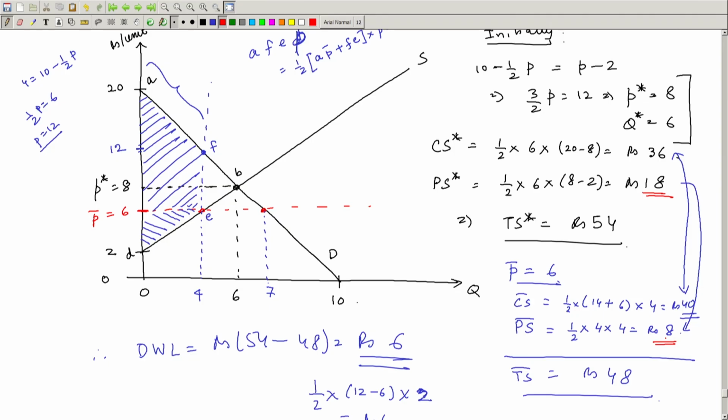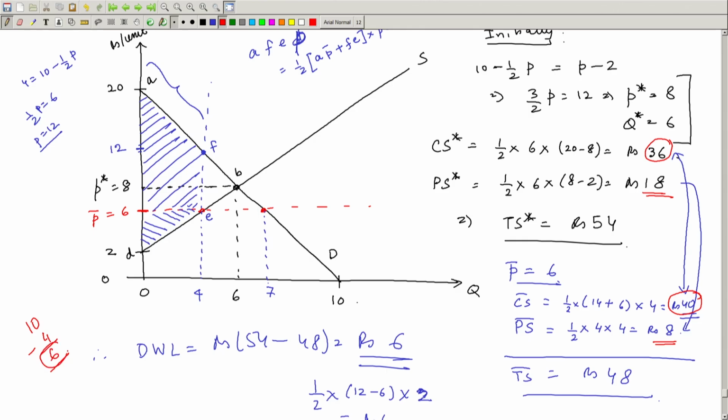So essentially rupees 10 was the loss that the producer suffered. Of this 10, 4 went to the consumer, because notice the consumer surplus increased from 36 to 40. So the producer lost 10, of which 4 went as a transfer to the consumer.